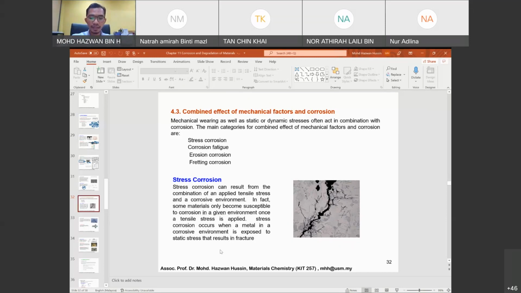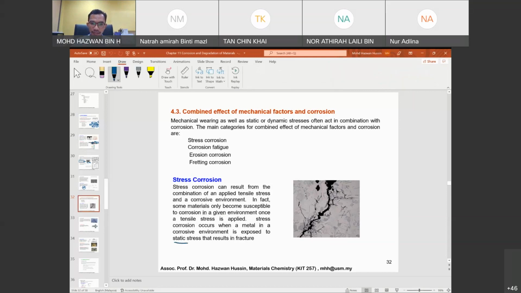So with this, that is why we don't have transgranular cracking as compared to the other one, corrosion fatigue. As I said, for stress corrosion, we have to understand that it is static stress, a fixed amount of stress.